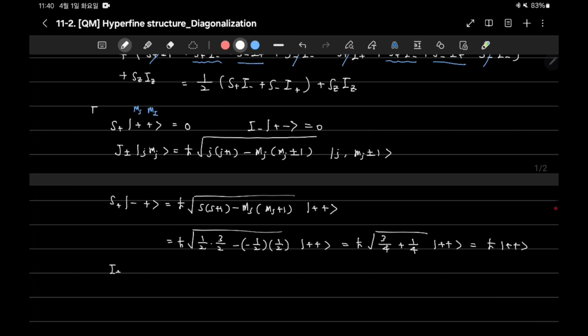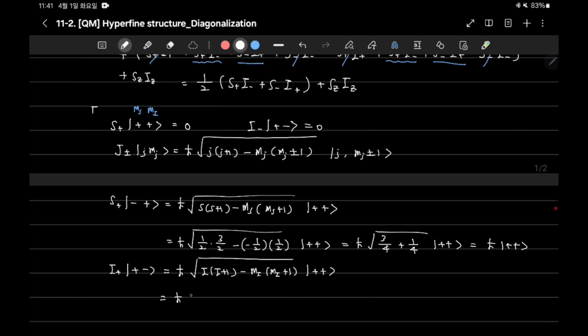Likewise, the isospin applied to plus minus can have h bar square root of i plus 1 minus mi, because in this case also i plus generates an increasing operator, minus mi plus 1.